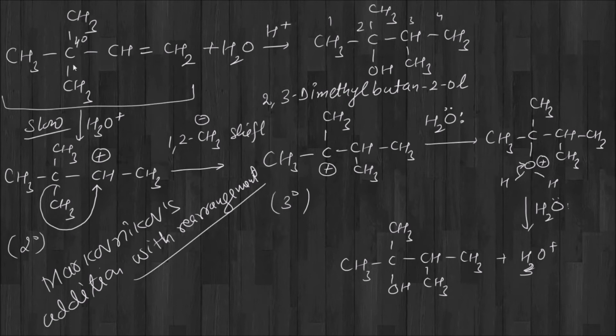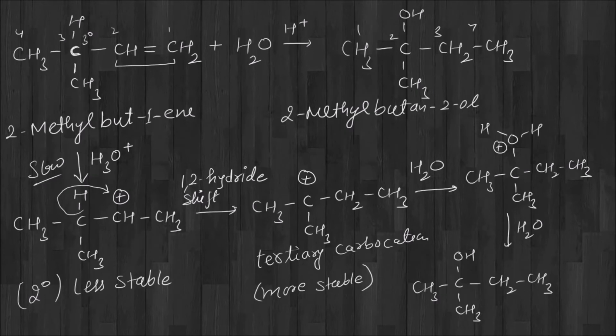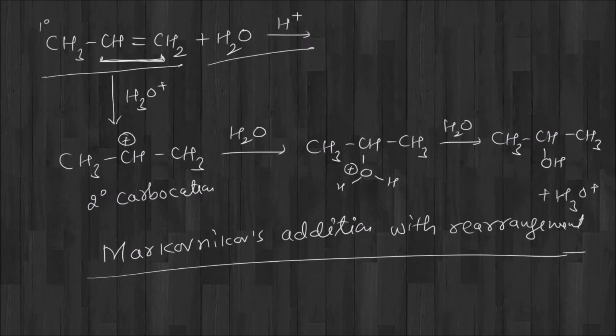If there is a quaternary carbon, then a 1,2 methyl shift takes place. If there is a tertiary carbon, then a 1,2 hydride shift takes place. And this is a simple case where a secondary carbocation is formed. Though there is a chance for formation of a primary one, the secondary carbocation being more stable is formed.